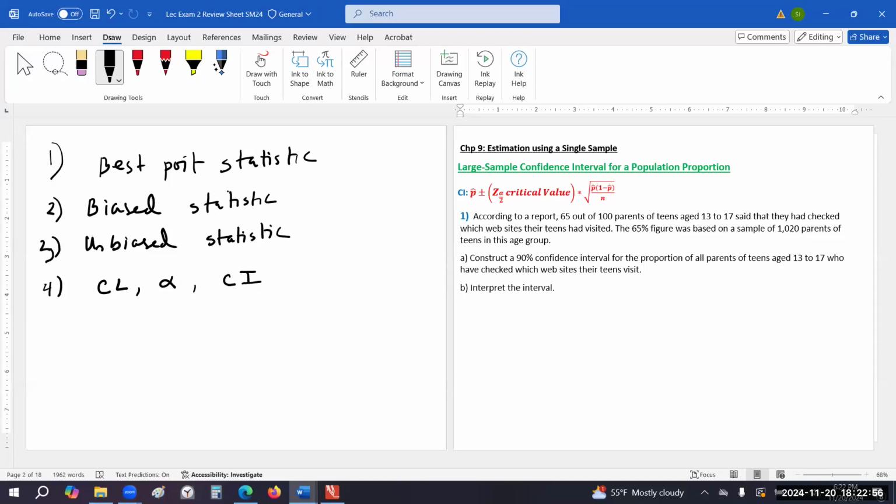What's the relationship between them? And also p-hat. They have some relationship between them. What is the relation between them? What is type 1 and type 2 error?